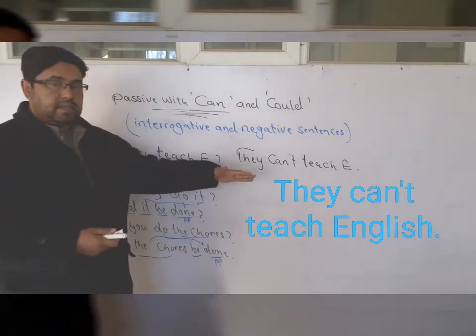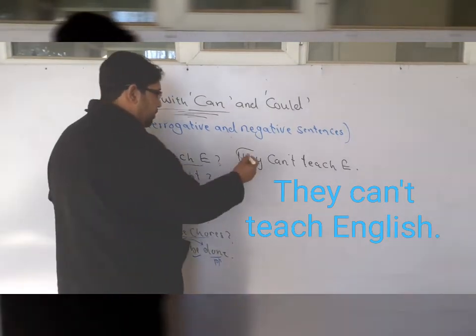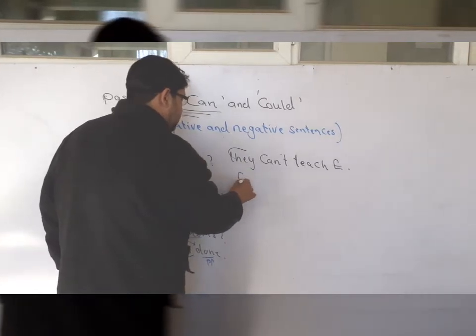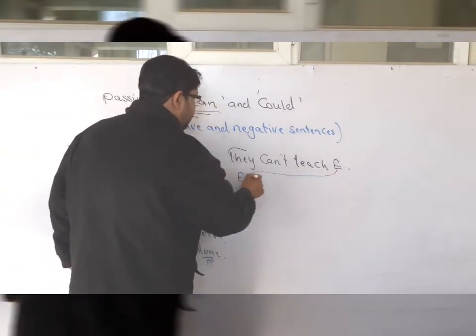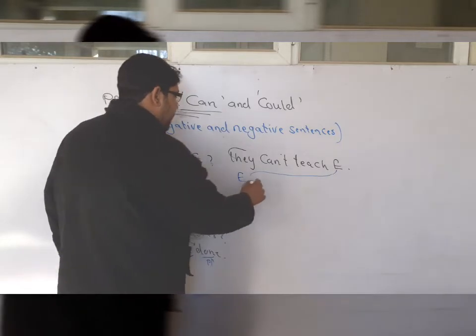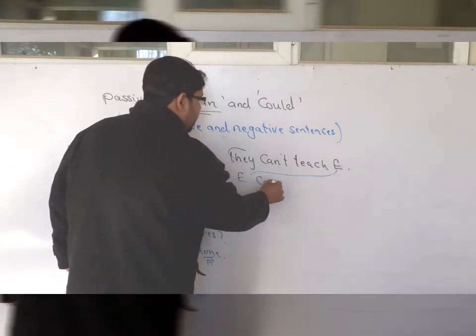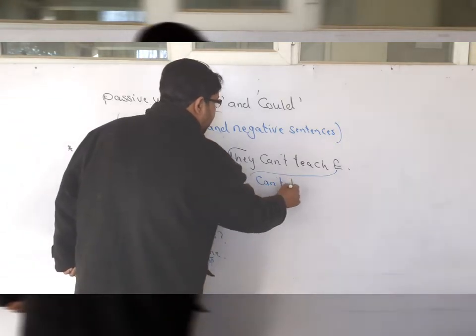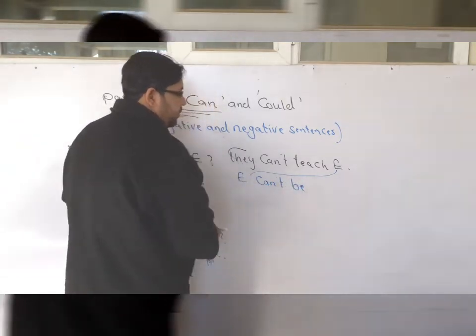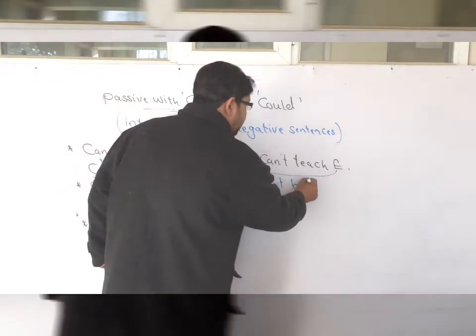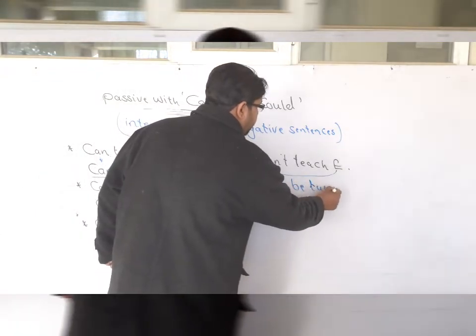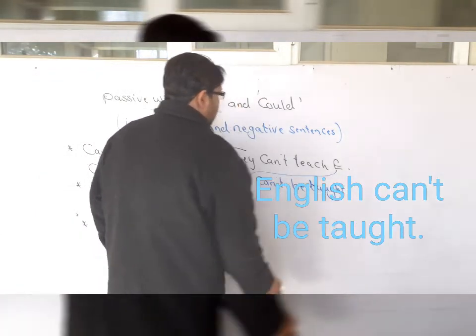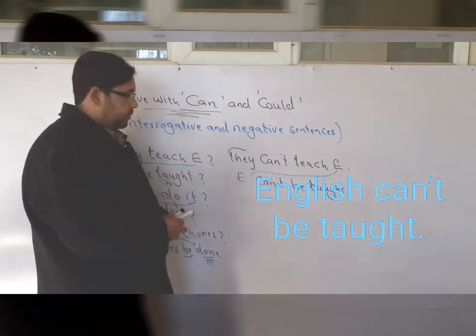Once again, bring English, which is the object, at the beginning of the sentence. Then use cannot after English. Cannot or can't. After cannot, use be. And after be, use the third form of the verb. English cannot be taught.